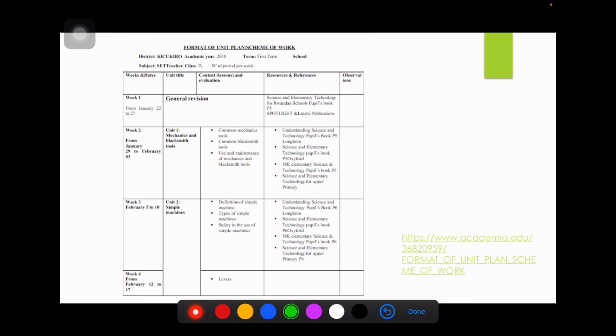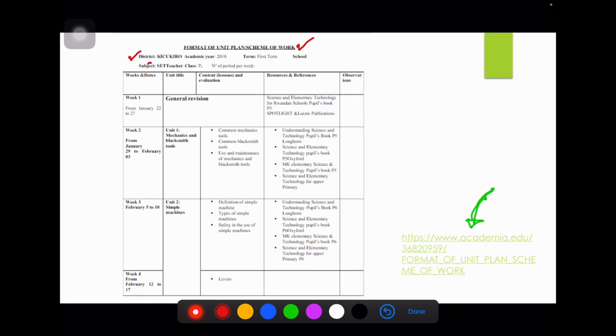What you can see here, this is the link. You can click on the link if this is too small for you. So what you see here is the scheme of work. The district, because this is from, I think, the US.